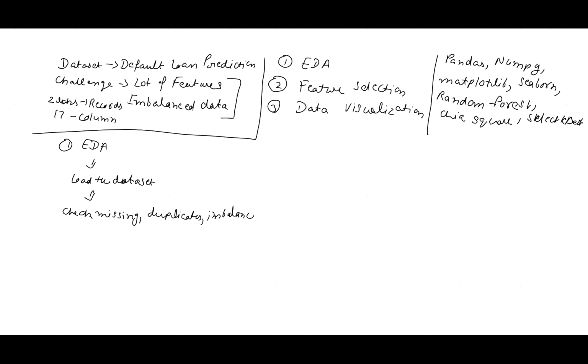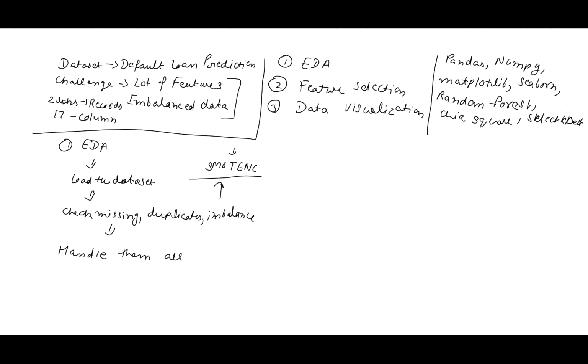Then we will handle them all. For this, I am going to use the SMOTE method again, or I would say the advanced version of SMOTE, that is SMOTE-NC. The SMOTE-NC method is very popular for handling numerical and categorical values, so it can create synthetic data according to the data type of your feature. This is a very good method, better than plain SMOTE.